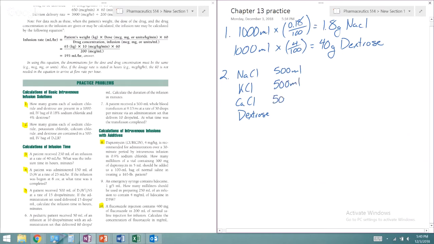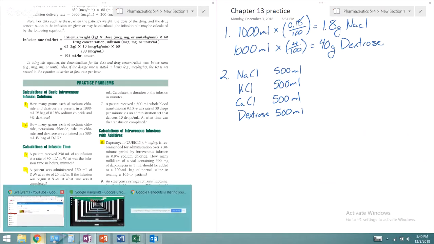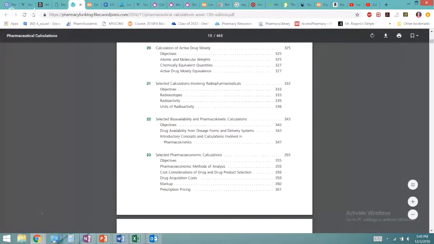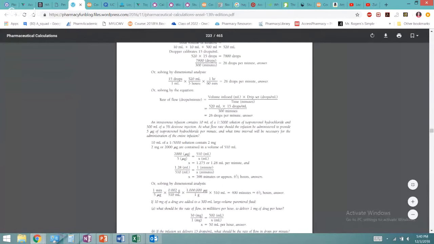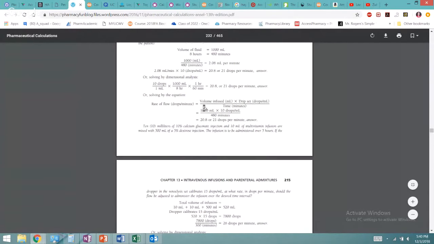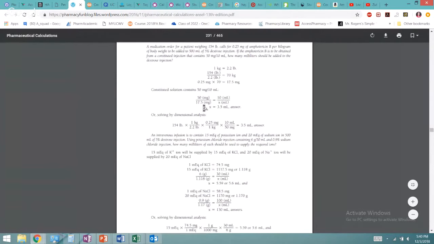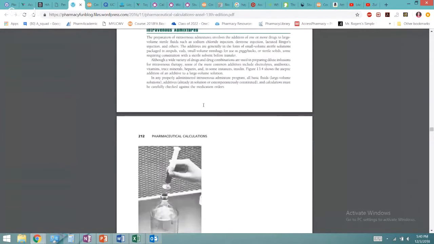If you look in the book, there is a table. Let me see if I can pull it up. Yeah, there. All right, so here is the book, and go to chapter 13, which is, yeah, we're in it.